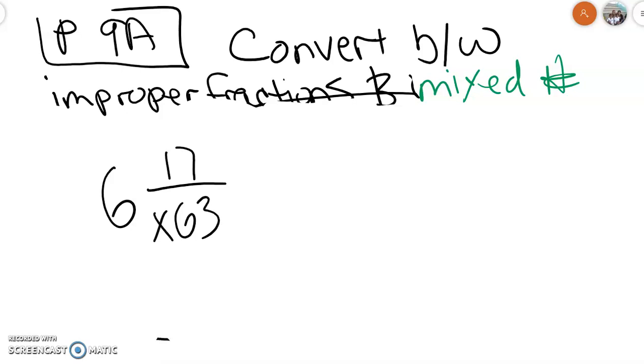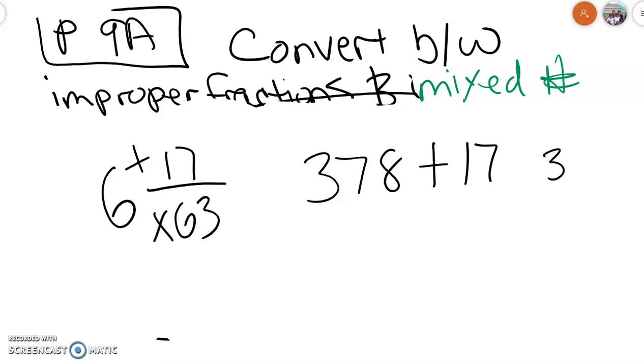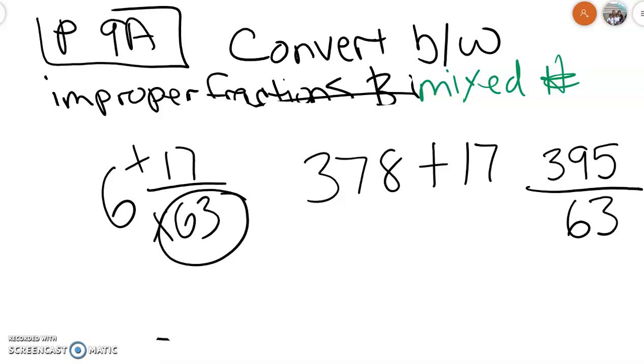But we know that we multiply and then we add. So we have 63 times 6, which is going to give us 378, plus our 17, which gives us 395, over our denominator stays the same, 63. So that is how you do all of those problems.